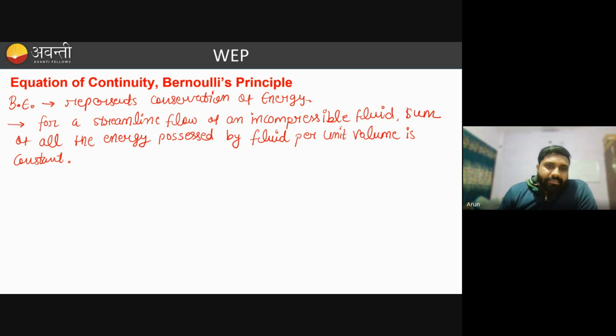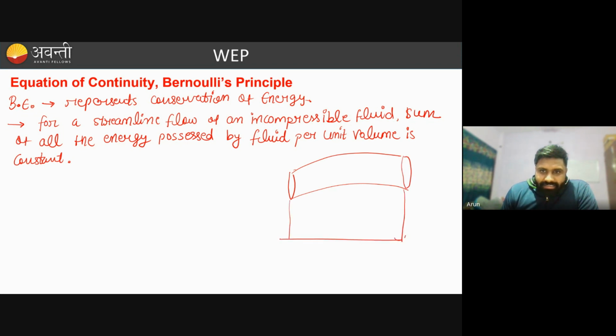So we can say that if this is a pipe, this is at height h1, this is at height h2. Here the velocity is v1. At the exit, the velocity is v2. Here the pressure is p1. Here the pressure is p2.